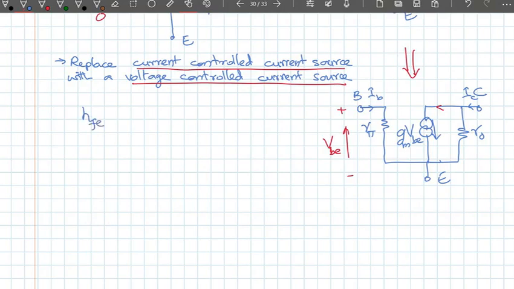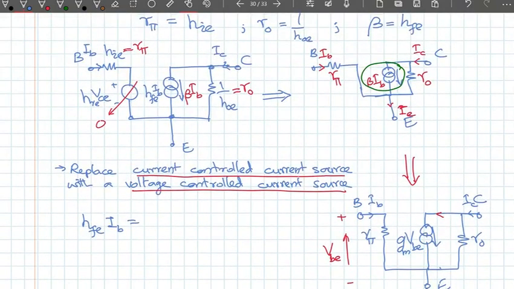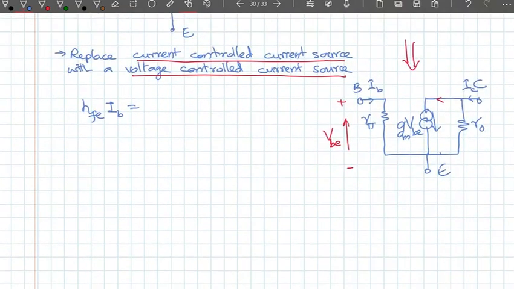Therefore, the initial current through this current source was HFE times IB, but we know IB is the current through the R pi. R pi initially was HIE. If you go back to the original circuit, HRE is now 0, so only the HIE is there between emitter and base.